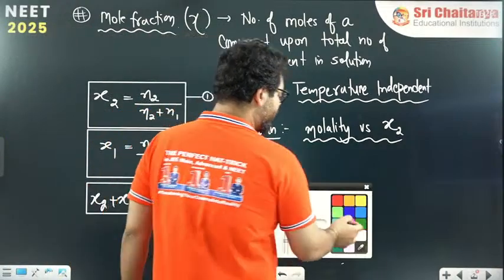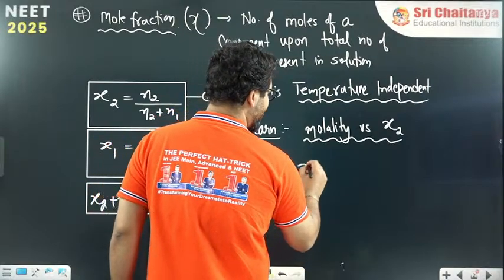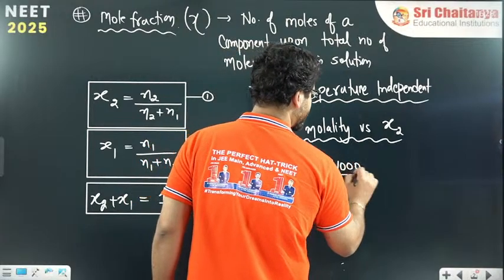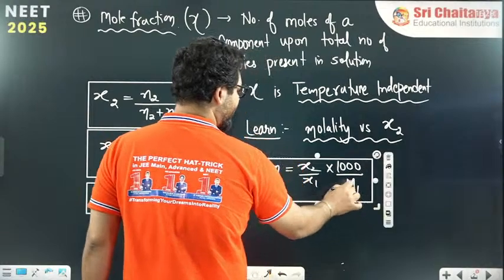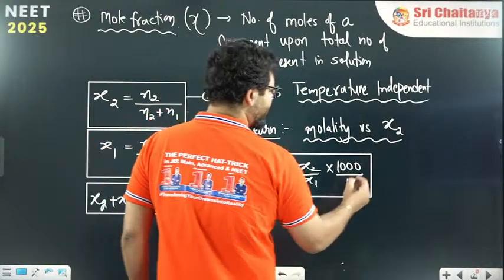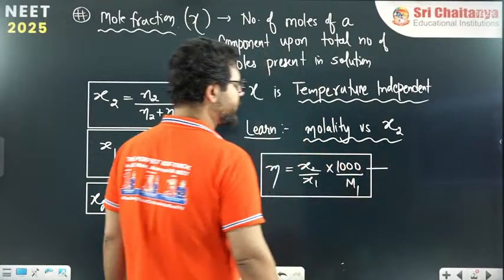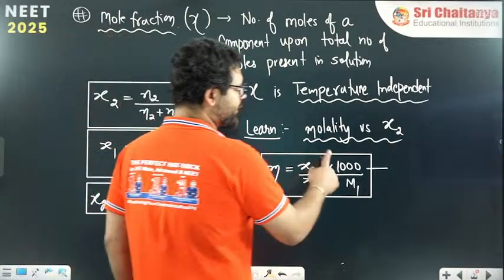The formula of molality in terms of mole fraction is molality equal to x2 by x1 times 1000 by m1. Please remember it. You can derive it also, there is no problem. But this is one formula that you can remember. Molality equal to x2 by x1 times 1000 by m1.